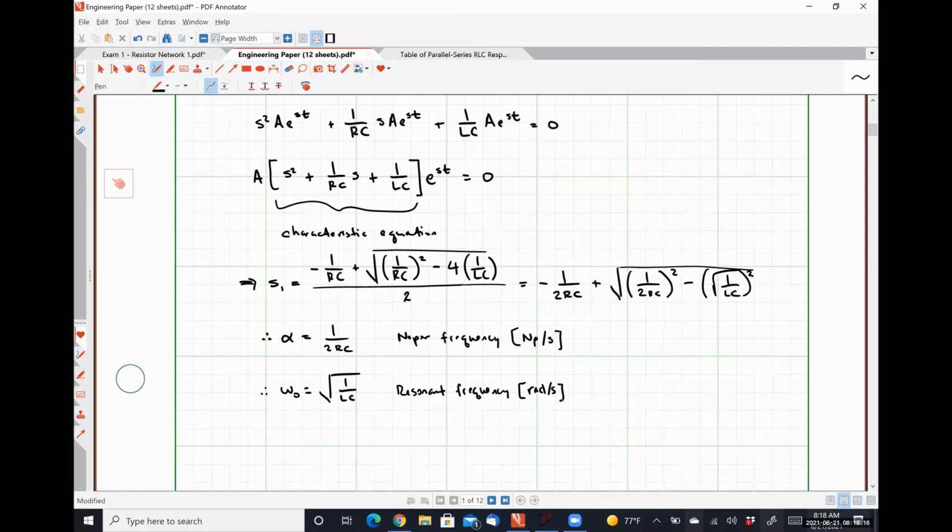For us, it really just means a parameter that we're going to be solving for and doing some comparison with.